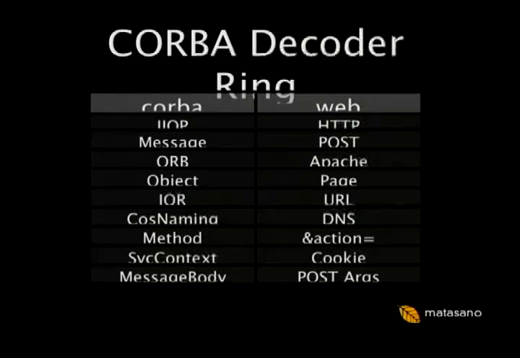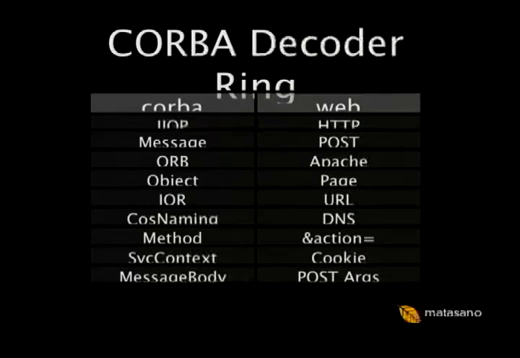On the web, we have DNS. CORBA, for some reason, has its own naming system. It's called COS naming, and we're going to get to that in a second. And there's a variety of problems with that as well. CORBA has methods. Methods are the moral equivalent of the arguments you tack on to a request to a PHP page. CORBA has service context. Service context is a long way of saying cookie.